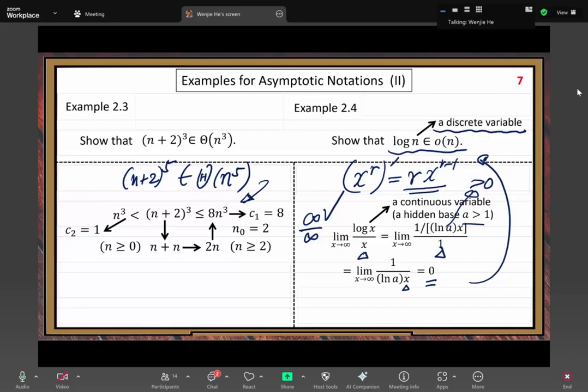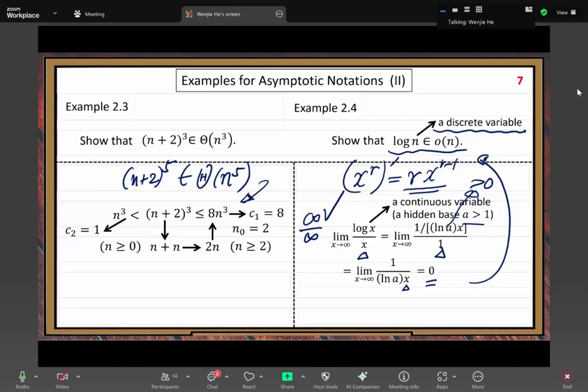So the conclusion: the limit calculation we worked out is the continuous variable version, not the discrete variable version. But at the end, we need to go back to the discrete variable version.